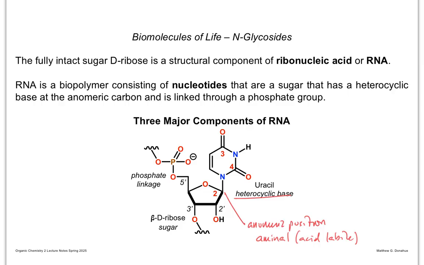Remember, it's the base that changes. The 3-position alcohol gets bonded to an oxygen from the 5-position phosphate. So what you're looking at is a monomer of that biopolymer. So your beta D-ribose, and that's linked by phosphate.